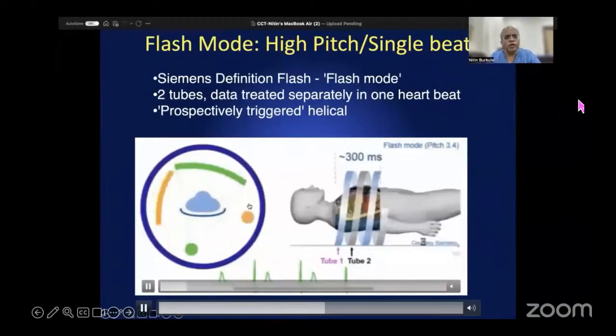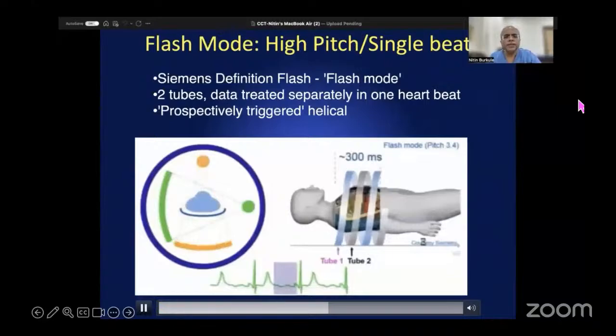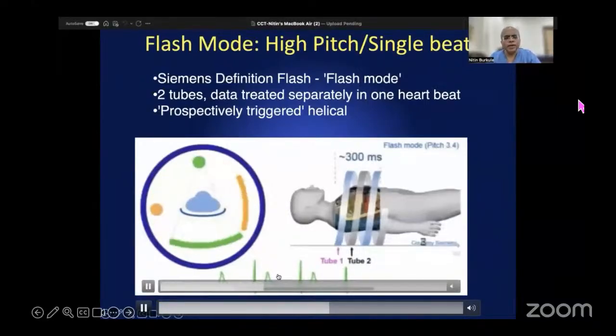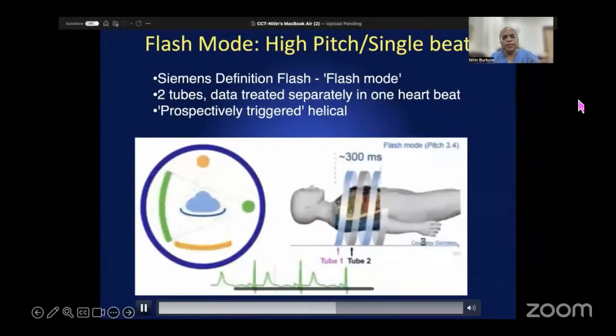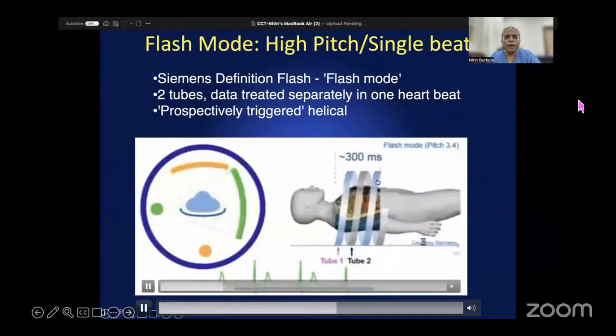Both the tubes are active, and the table moves really fast, so there is a very high pitch, and you acquire the entire data set in a time window in the late diastole. Because of your high pitch, you cover the entire heart in this small window period, and since the table speed is very high, obviously you are going to have a very high pitch.